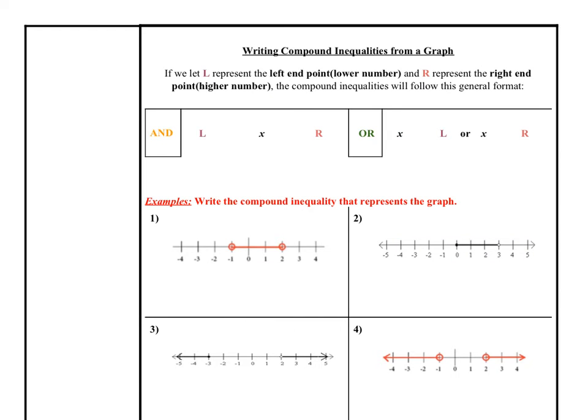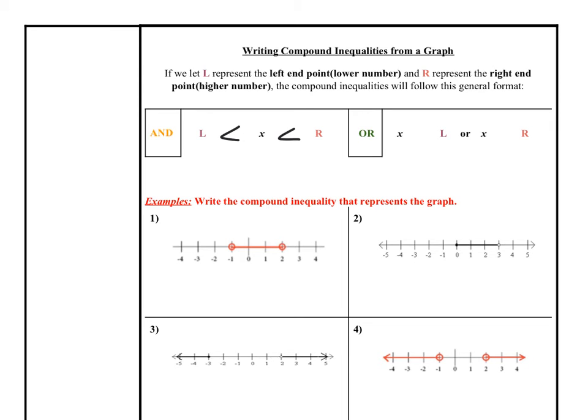When we go to write compound inequalities from a graph, then we put our lower number on the left, our bigger number on the right, if it's an and inequality, and the x goes in the middle. So that's this one here, and you've kind of already seen that. My signs should face, when I have an and inequality, they should face like that.